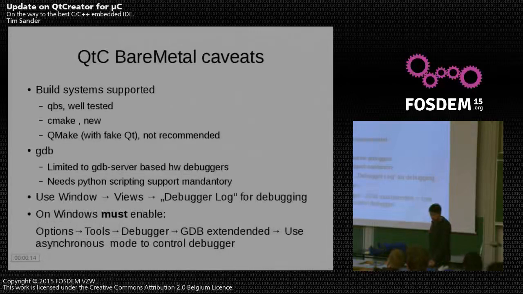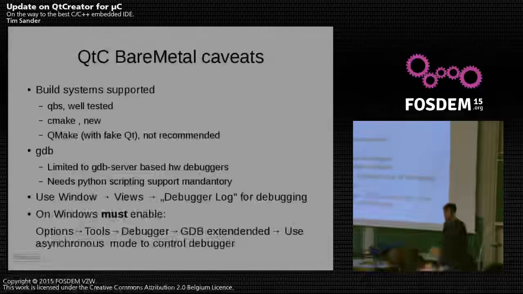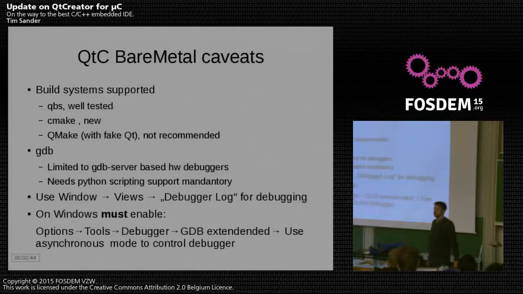I mostly use the BareMetal plugin with cubes. That's the new build system for the Qt environment. It's quite new, but it's describing the build in JSON. So it's quite well structured, machine parsable, and I like it quite well. Then what's added new is CMake support, and there's quite some effort to improving CMake support in QtCreator, but CMake support is supported for several releases by now.